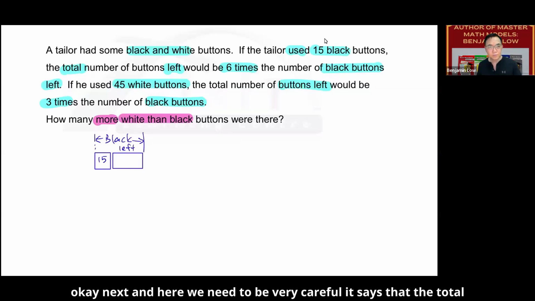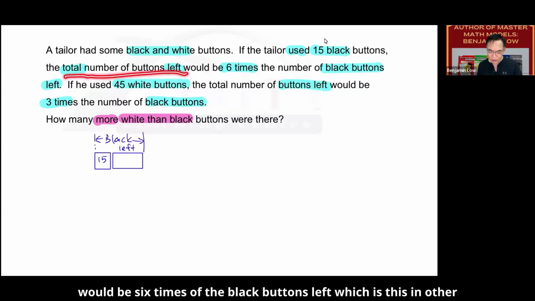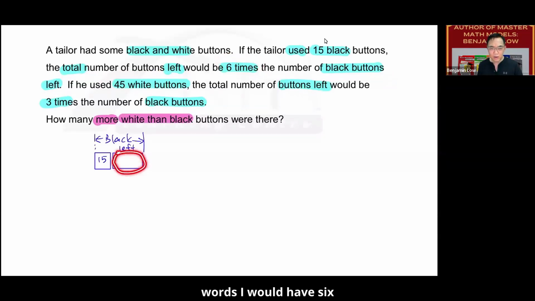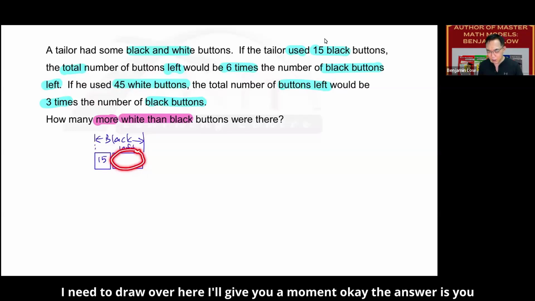Okay, next. And here we need to be very careful. It says that the total number of buttons left would be 6 times of the black buttons left, which is this. In other words, I would have 6 of these units left after using this. And since I already drew one here, how many more do you think I need to draw over here?